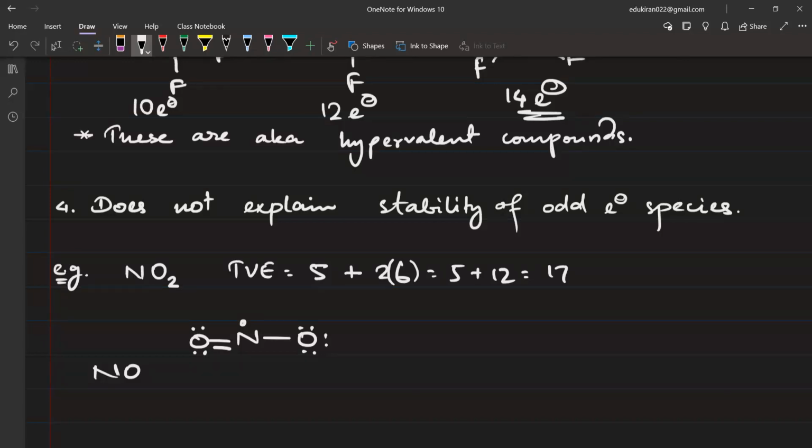NO2, NO, these are examples of odd electron species. All of you done? Yes, sir. That's it for the limitations.